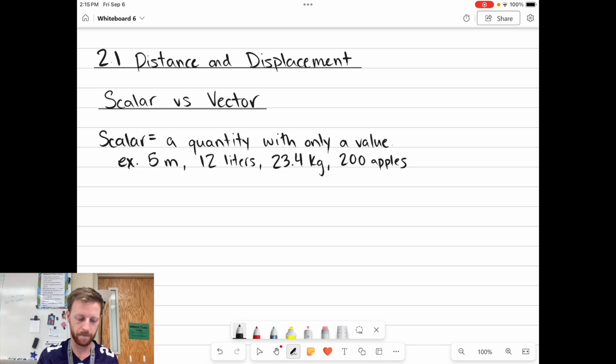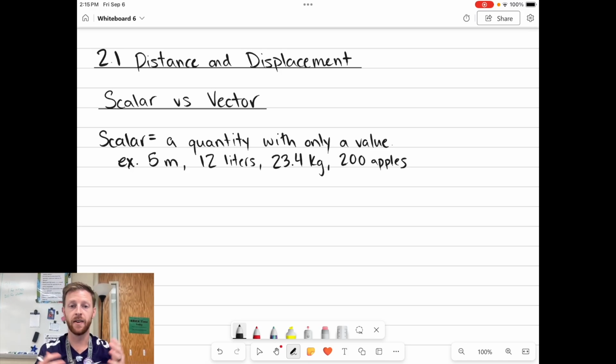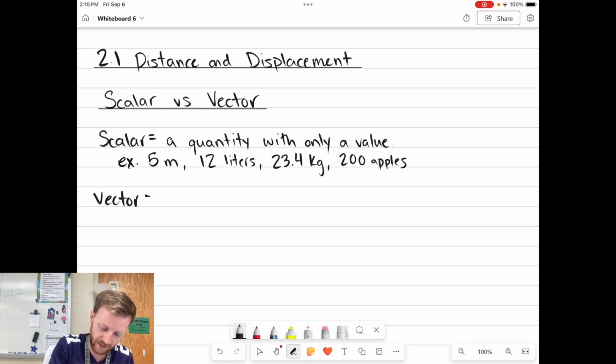So it gives us important information, but there's something that gives us more information that ends up being important here in physics, and that's a vector value. A vector is like a scalar with a little added information. So it is also a quantity, again, just a fancy math term for number, with a value and direction.